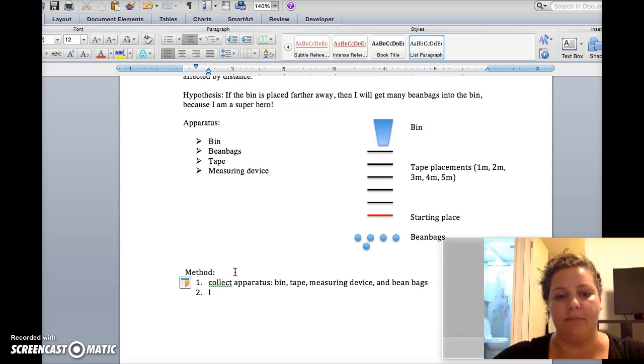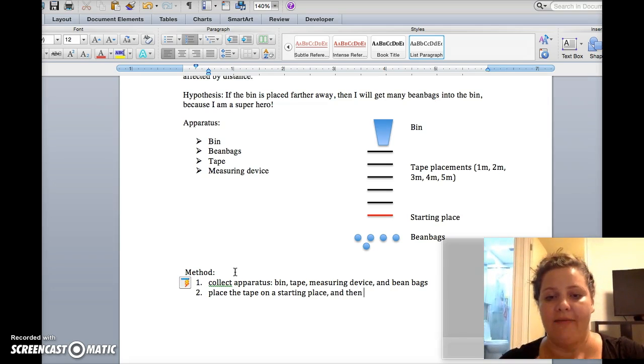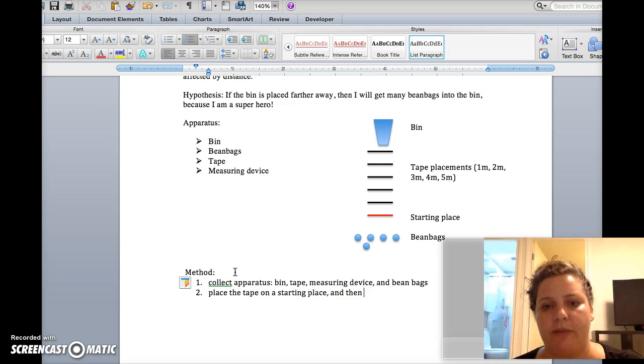The next step would be to place the tape on a starting place, and then I have chosen to do it at 1 meter, 2 meter, 3 meter, 4 meter, and 5 meter.